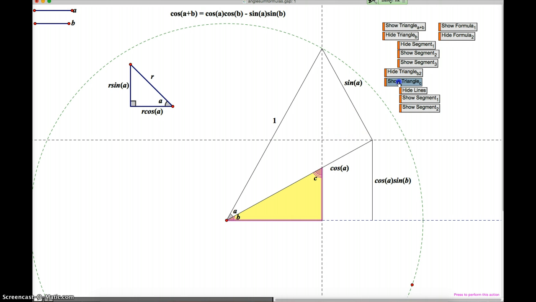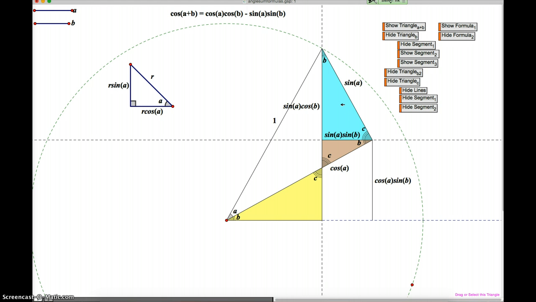If we go ahead and show those, we'll see that these two angles must be congruent because they are vertical angles, and hence this angle here must be angle B, since B and C are complementary and this forms a right triangle. We can use similar logic to get this teal triangle. The angle C has to be complementary to angle B, and thus this angle is B, since this is a right triangle.